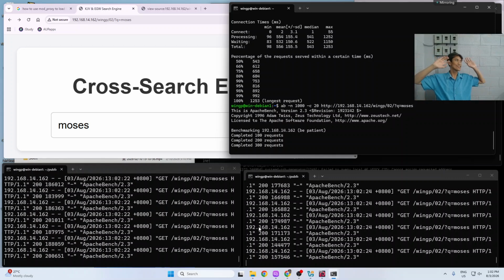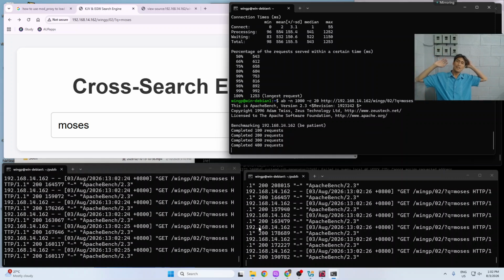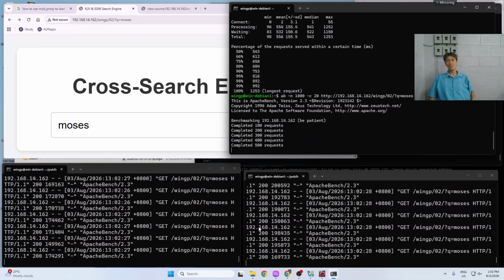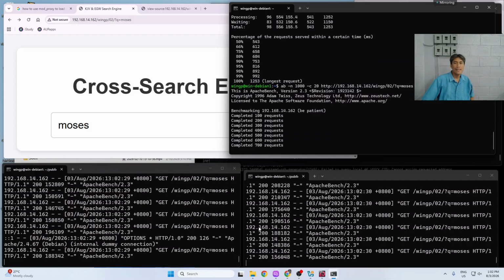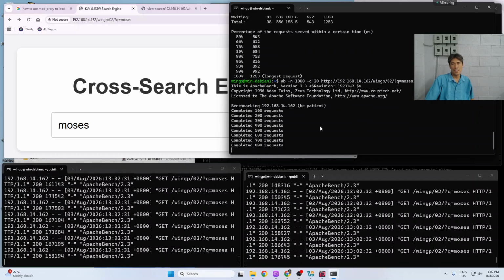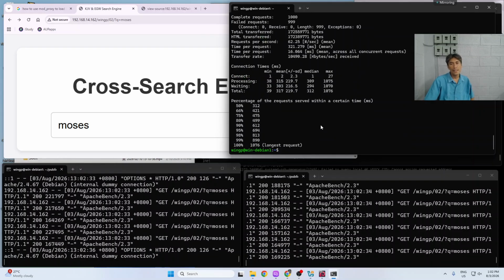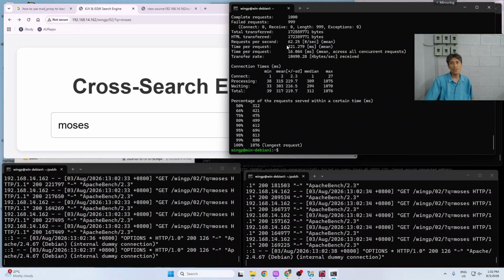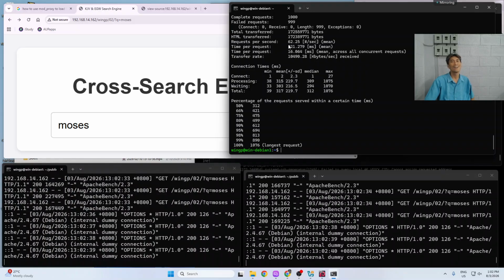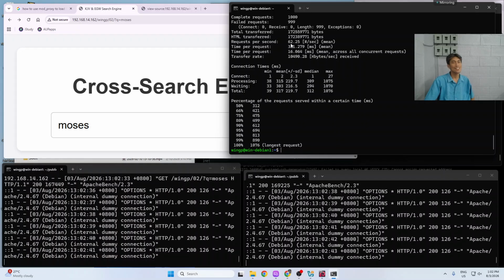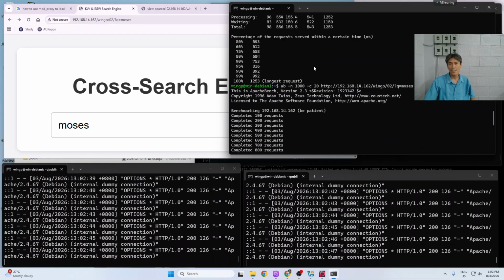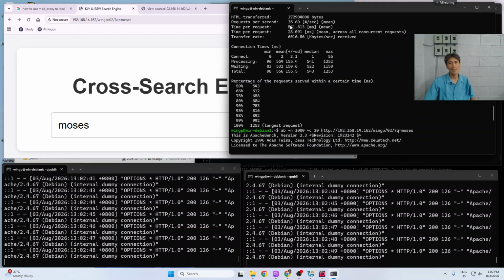So some of the load is sent to 178, some of the load is sent to 151, and the load tester is trying to measure. So the requests per second is, wow, 62 requests per second. A while ago, the requests per second was 35.